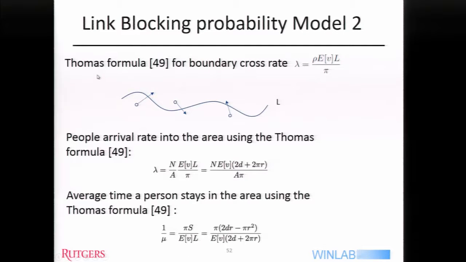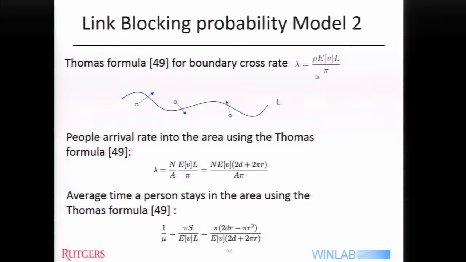We get a nice result from the old work from Thomas. It said that if rho is the density of the people in the area, the boundary crossing rate of a line of length L is only related to the length of this line, the density of the people in the network, and the average speed of these people.